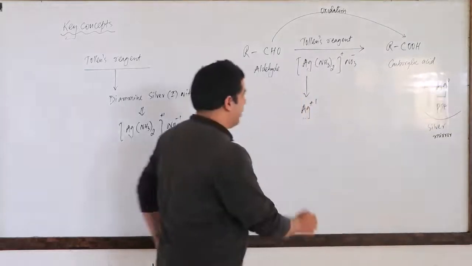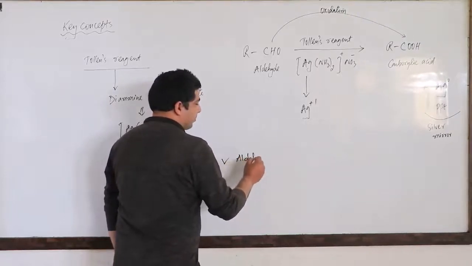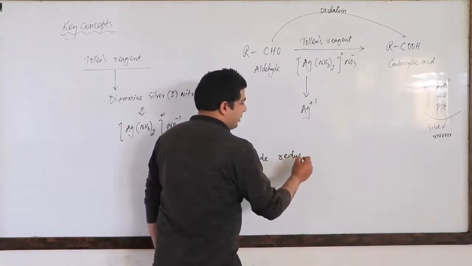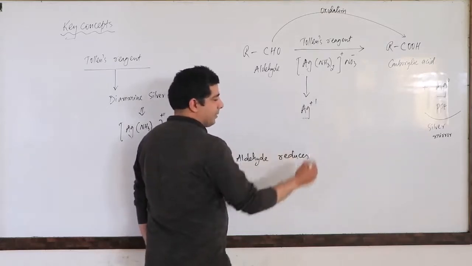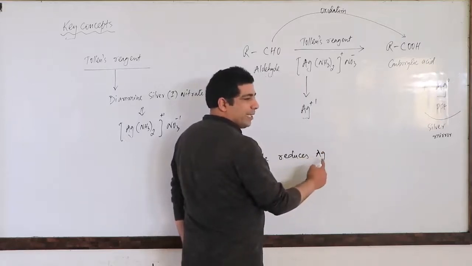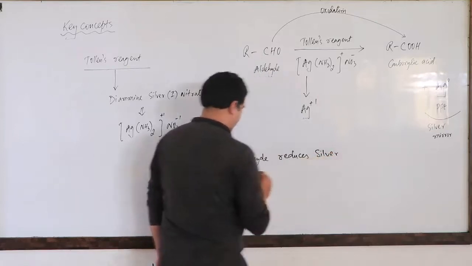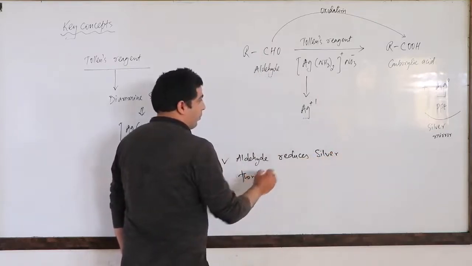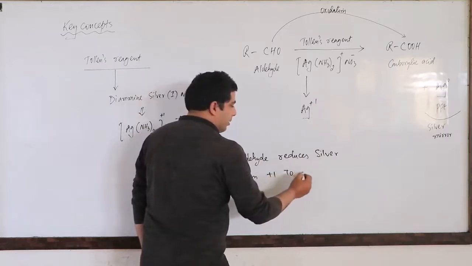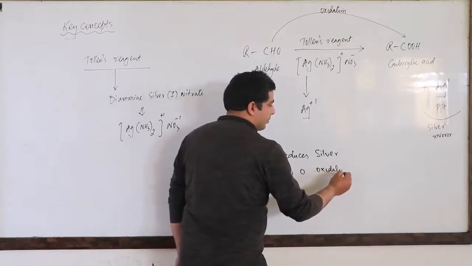So I will write down here, in this process, the aldehyde reduces Ag+, or we can say it reduces silver, from +1 to 0 oxidation state.